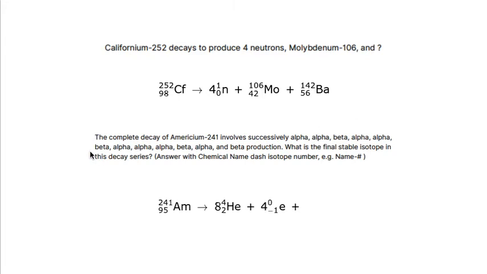Finally, we have perhaps one of the most complicated types of problems, but it is very similar to what we've encountered here. The complete decay of americium-241 involves successively alpha, alpha, beta, alpha, alpha, beta, alpha, alpha, alpha, beta, alpha, and beta production. What is the final stable isotope in this decay series?